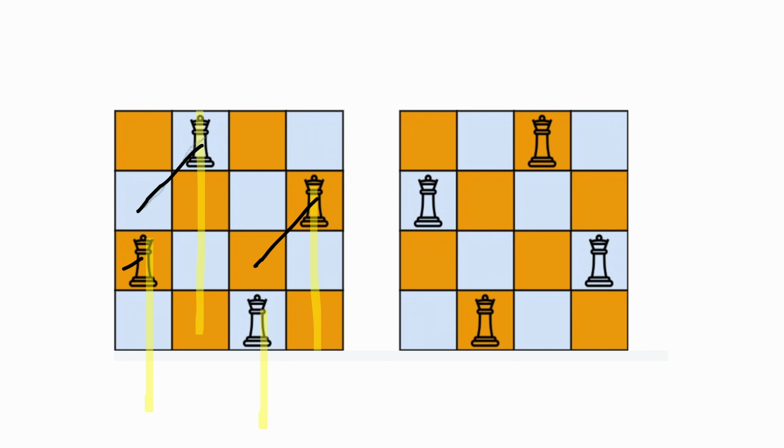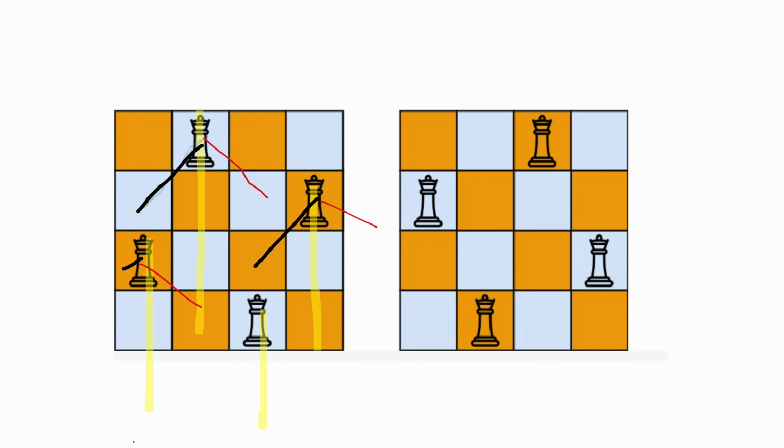Now checking the last rule, which is that no other queen should be present in the same right diagonal. For the first queen, there are no other queens in its right diagonal. Similarly for queen 2, queen 3 and the last queen. So these are the 4 conditions which we need to check while placing our queen on the chessboard.